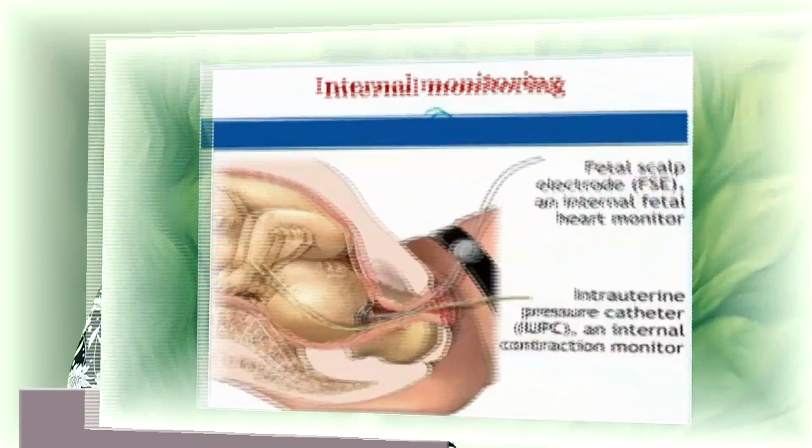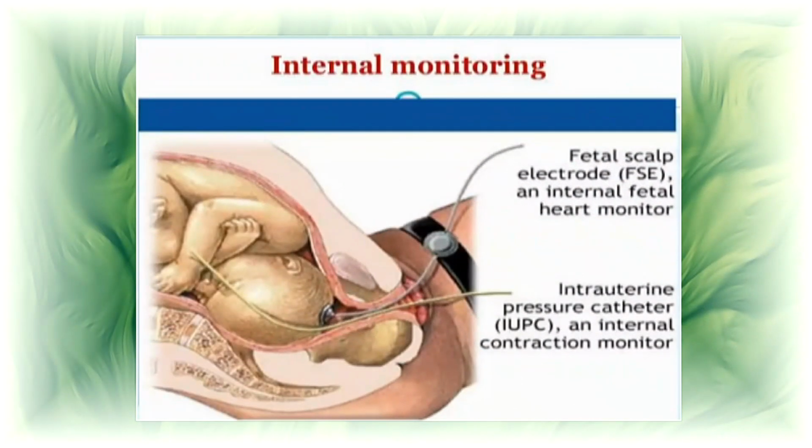When it comes to the internal method of CTG, this method can be useful if the membrane has ruptured either spontaneously or artificially. An electronic transducer is connected directly to the fetal scalp through the cervical opening and is connected to the monitor. This type of electrode is sometimes called a spiral or scalp electrode.